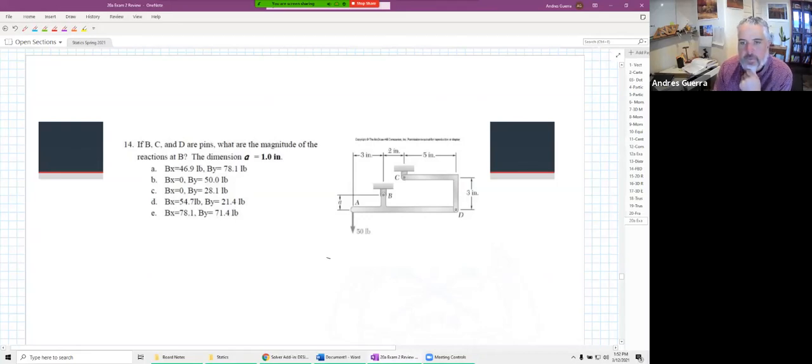So when we have more than one rigid object, we need to think about what type of objects are these. This one right here, A, B to D, that is a multi-force object because it has 1, 2, 3 locations where forces occur.